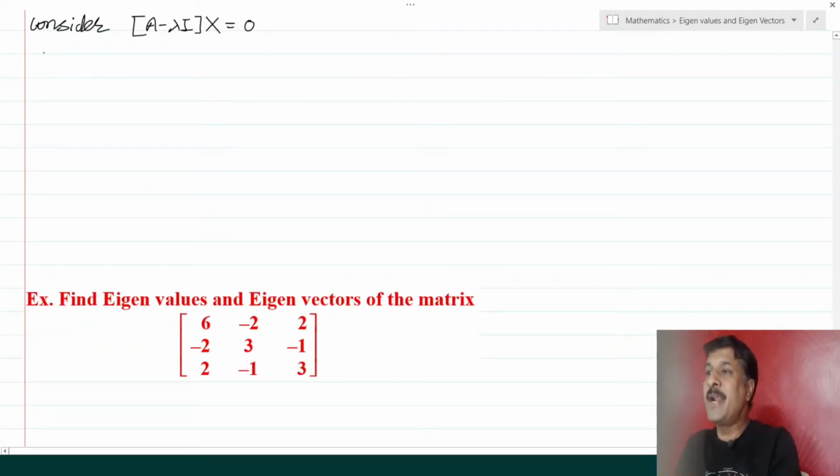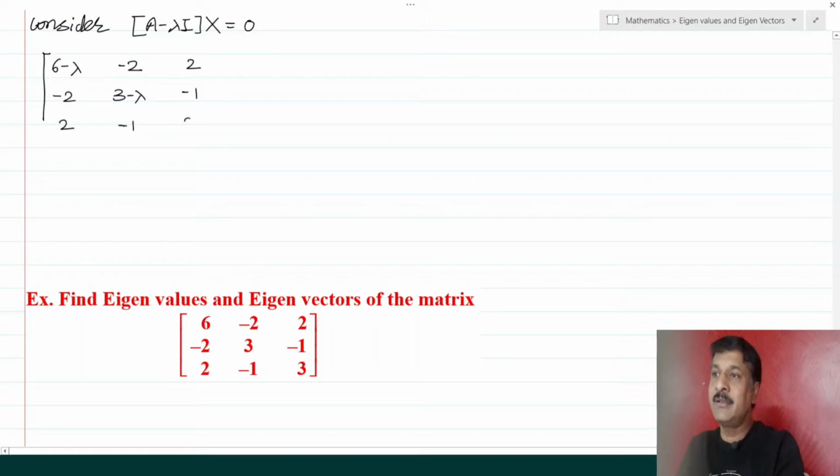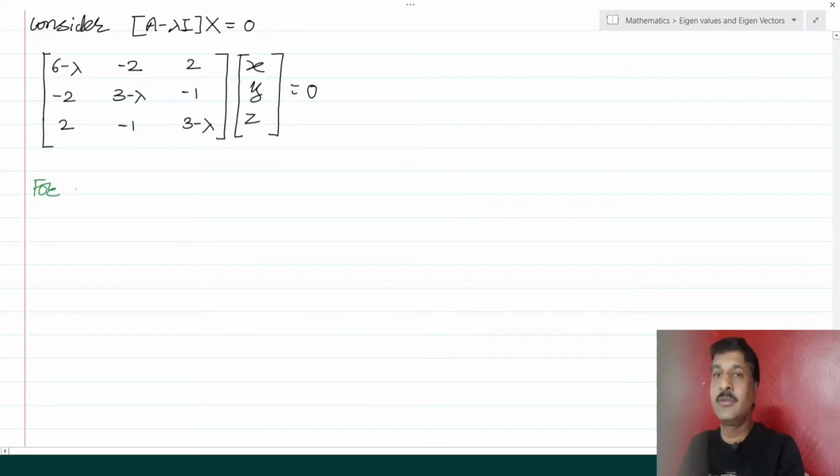So what is this matrix A minus lambda I? It is 6 minus lambda, minus 2, 2; minus 2, 3 minus lambda, minus 1; 2, minus 1, 3 minus lambda. And here the eigenvector x, y, z, and that is equal to 0. So first the non-repeat eigenvalue, that is for lambda equal to 8.